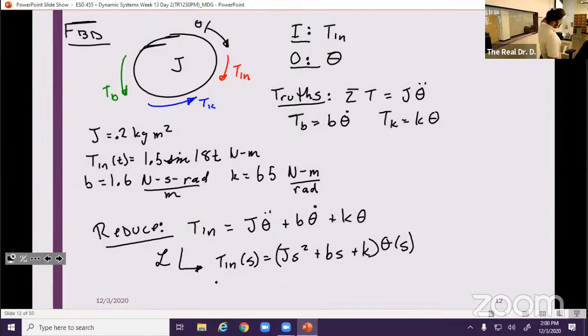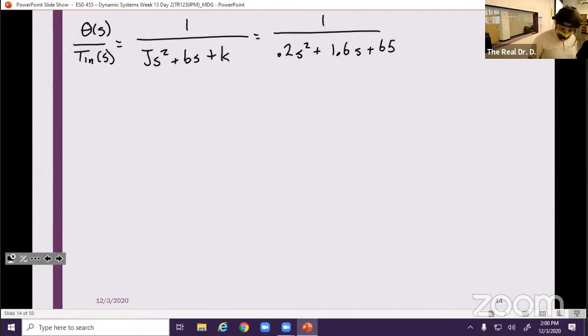So here we are. In everybody's work that I've seen, you all made the model correctly. You all took the Laplace transform correctly, and we all got to the transfer function, which I thought I had written down. There it is. It got skipped. It's fine. We got it.